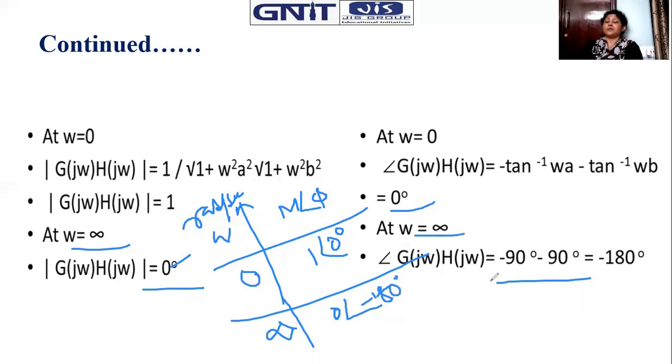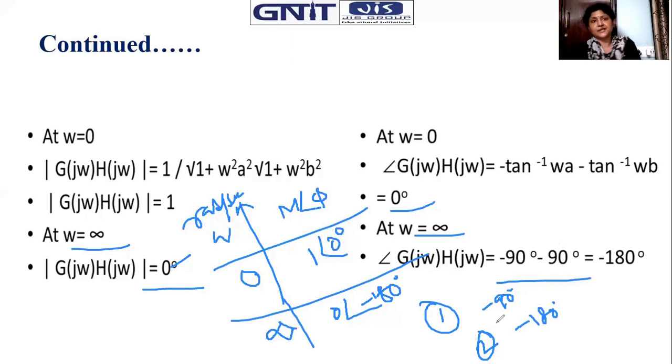Fine. Now, what will be your observation? For a single pole system, it is ending at minus 90 degree. And for the double pole system, it is ending at minus 180 degree. So in this case, it is minus 90 degree and it is minus 180 degree.